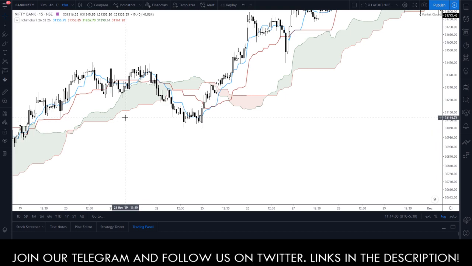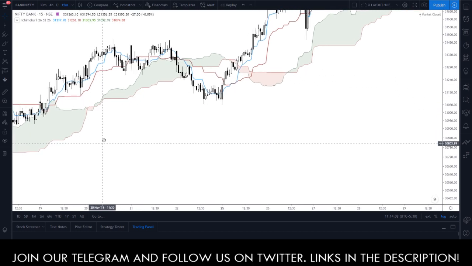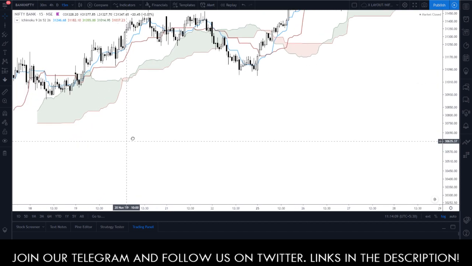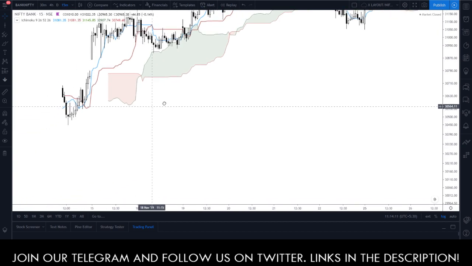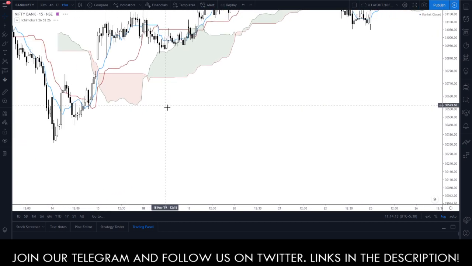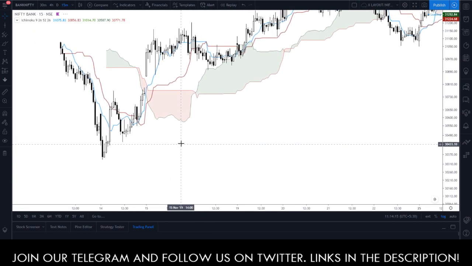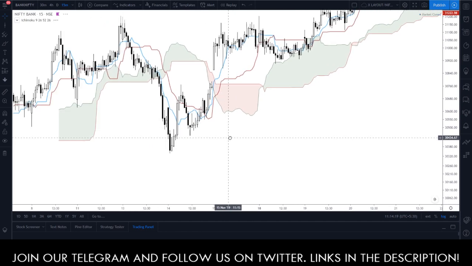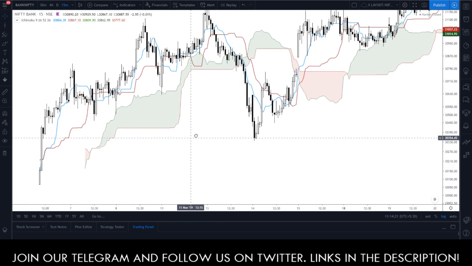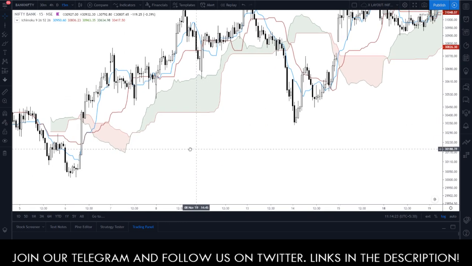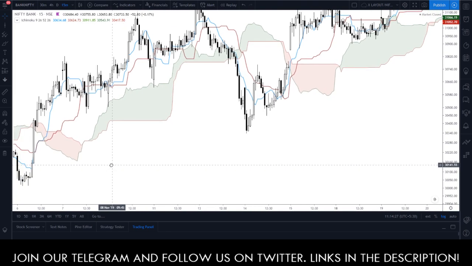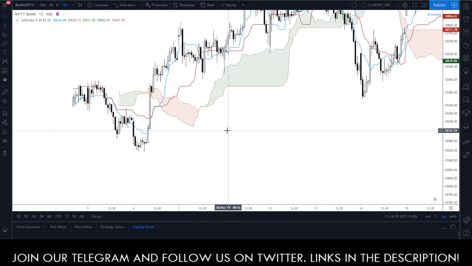Similarly, if the price action is below the cloud and the blue line falls below the red line, that will produce a sell signal. I'm going to find a buy and a sell signal for you, just to show. These signals don't come very often in Ichimoku, so you have to find them.